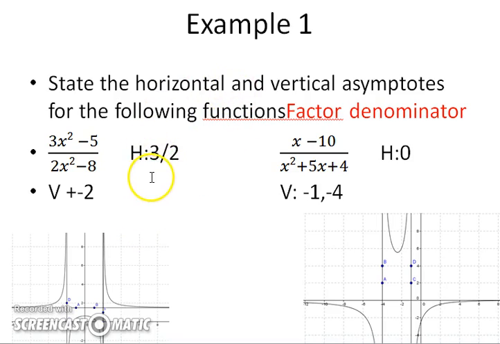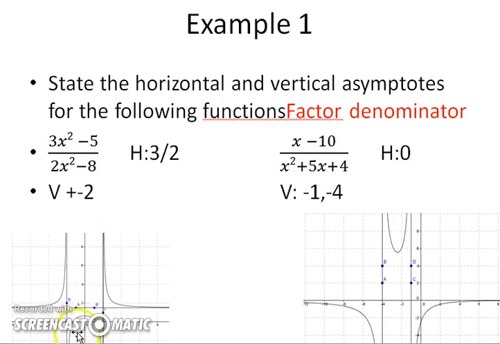For the vertical asymptotes, you need to factor the denominator. All right. So the first one, we have 2x squared minus 8. We can factor out a 2, so you have 2 times x squared minus 4. That's a difference of squares, so that's 2 times x plus 2 times x minus 2. So that tells us that positive and negative 2 are where your vertical asymptotes are, and those are located right here.